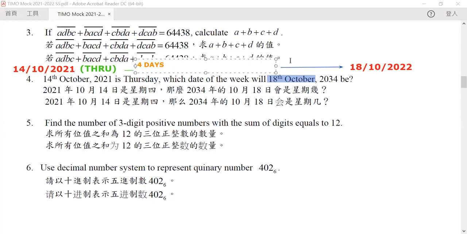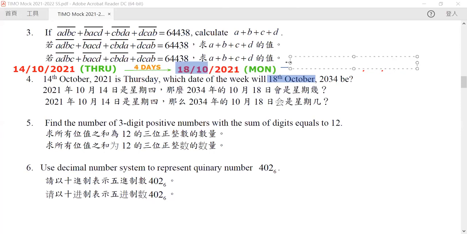But how many days have passed from the 18th of October 2001 to the 18th of October 2002? It is 365 days, right? Exactly a year. That is why we want to align the ending date. We align it, and hence we make sure that we can count it year by year.